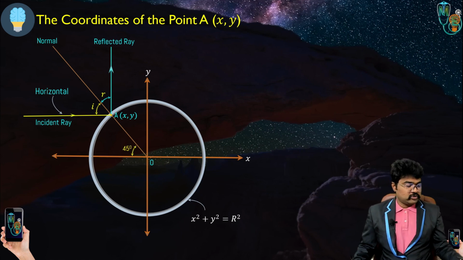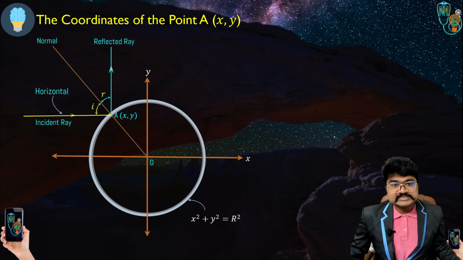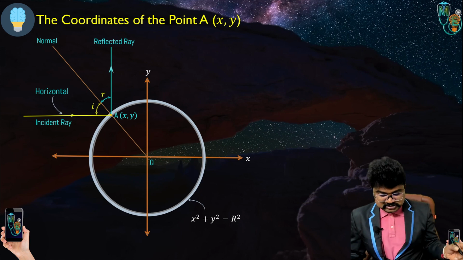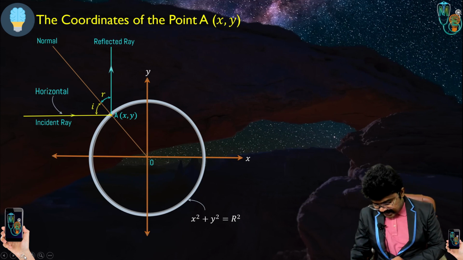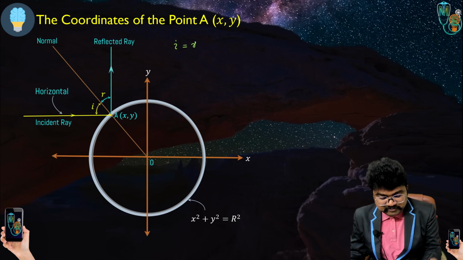We already know this part. We already know that the angle of incidence equals the angle of reflection.